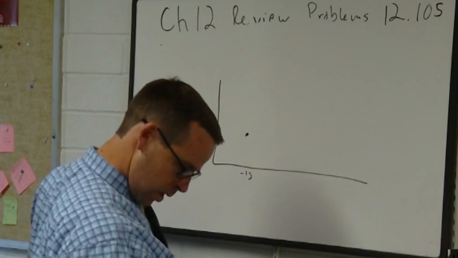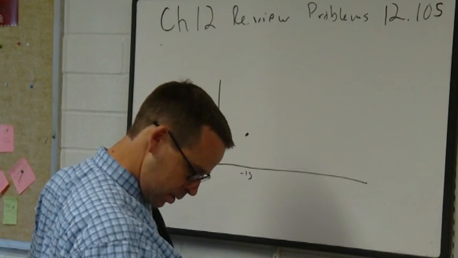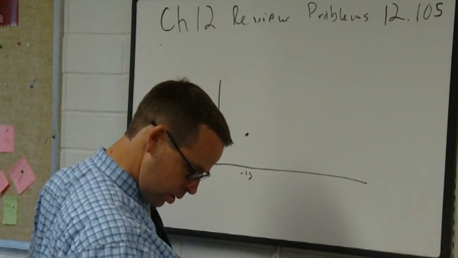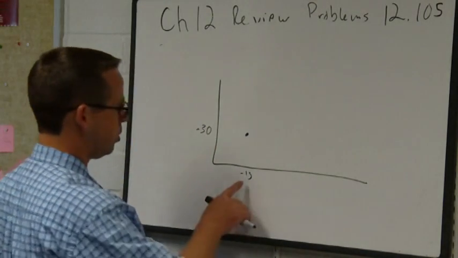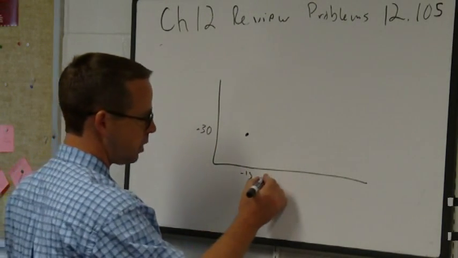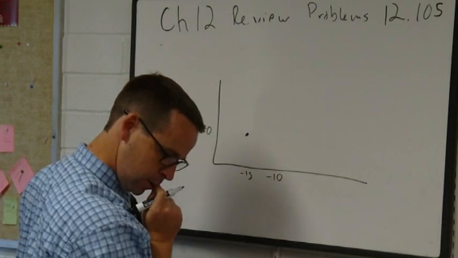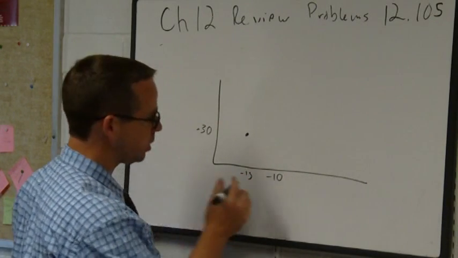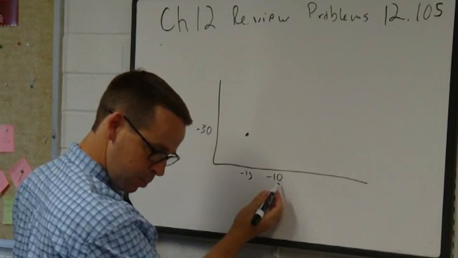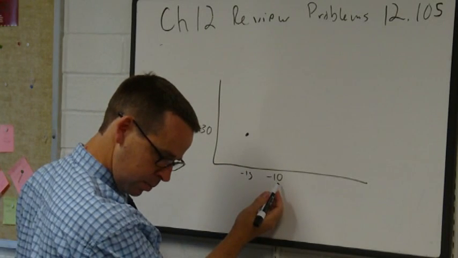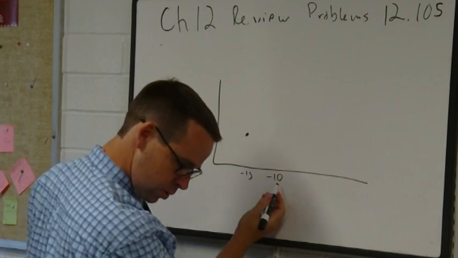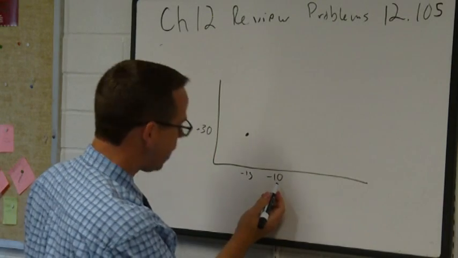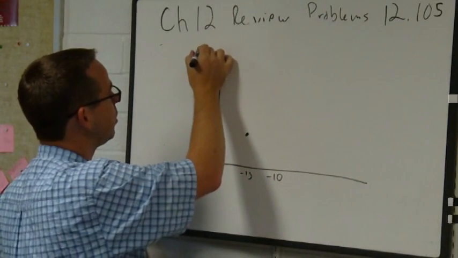And it melts at minus 10 degrees Celsius. So that's where its melting point is going to be, right? But it melts at minus 10 and what was the pressure? 1 atmosphere. So 0.3, so 1 atmosphere, we'll say it's up here.